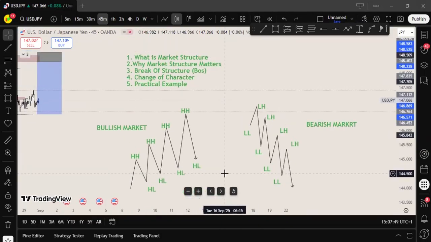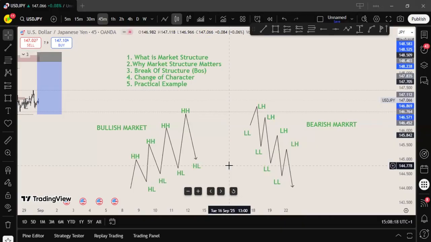Now, why does market structure matter? Market structure matters because if we are not able to identify whether the market is going up or going down, we cannot know the market direction if we don't analyze the market and don't know the type of trend it is.